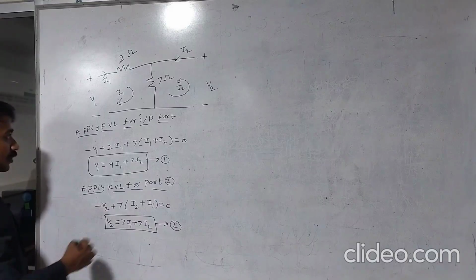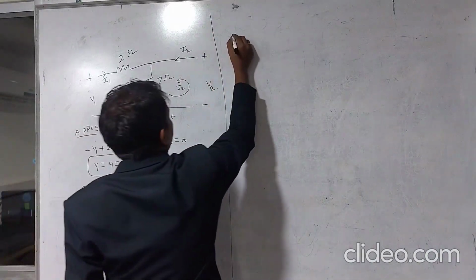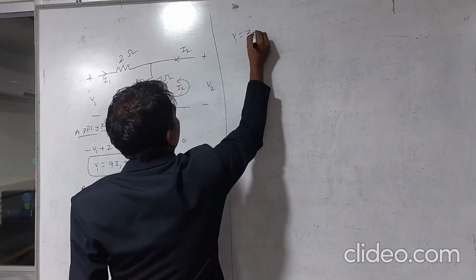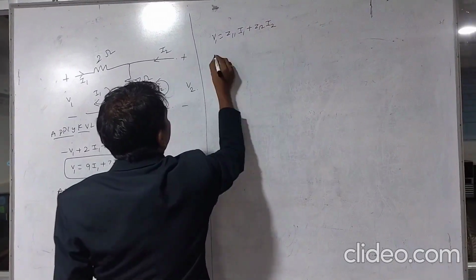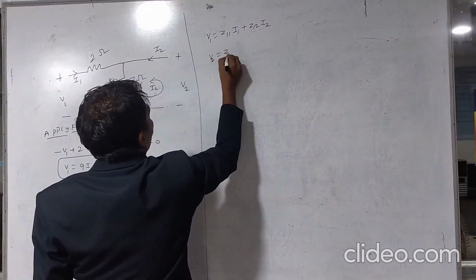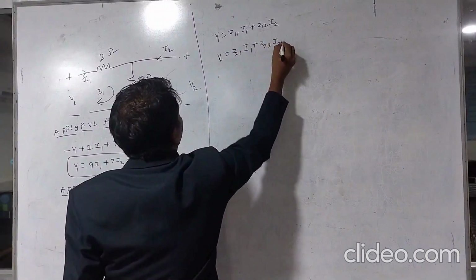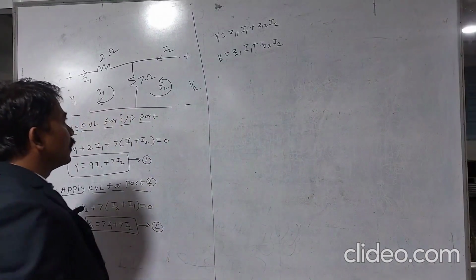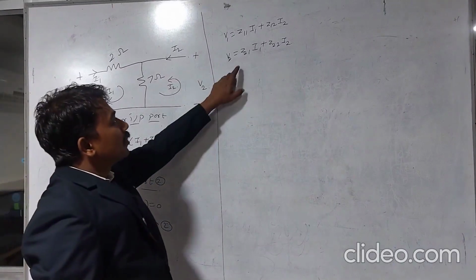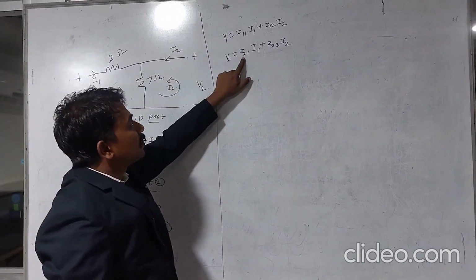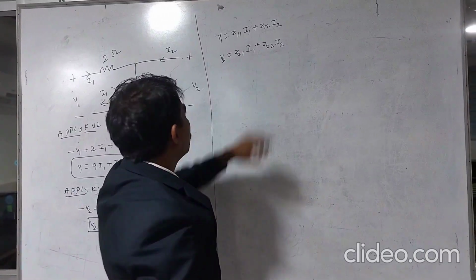Okay. So we know the generalized impedance parameters of a two-port network, where Z11 is the input impedance, Z12 is the transfer impedance from port number 1 to port number 2, Z21 is the transfer impedance from port number 2 to port number 1, and Z22 is the output impedance.